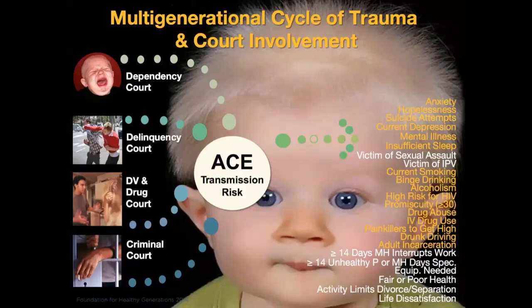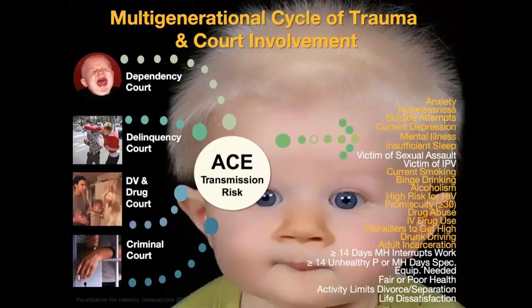We like this slide because it has it all together in one slide, and that is the whole multi-generational cycle. And courts are trauma centers. Everybody coming into court has some kind of trauma they're bringing, and so often the cycle is that the children start in dependency. Something like 90% of kids in delinquency have a past history in dependency.